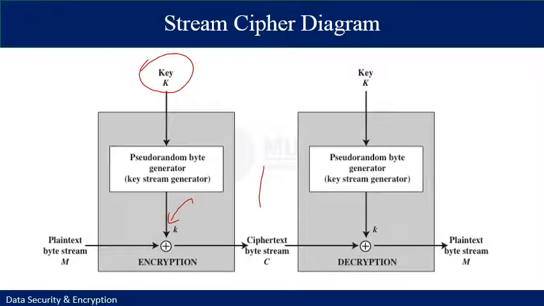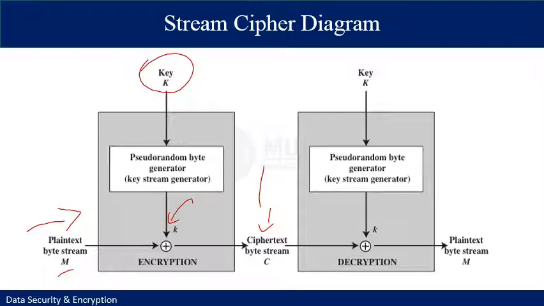The output generator, often called a key stream generator, is combined 1 byte at a time with the plain text byte stream named M, using a bitwise exclusive OR operation with the key K and the message M, and the encryption results in a ciphertext, depicted here as the ciphertext byte stream C.